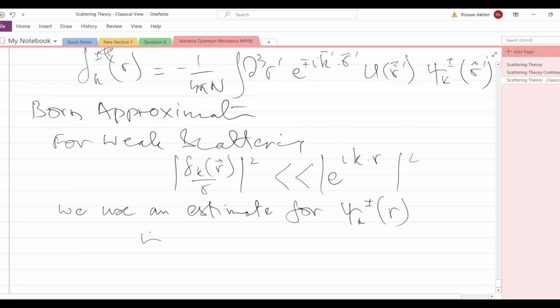And what is that estimate? हम psi k of plus minus of r का estimate ले लें, that is n times e to the power iota k r, because हमने यहाँ assume किया है कि basically f k of r upon r mod square is much less than the probability density of the incoming wave. That is, दूसरे लफ्जों में यहाँ पर हम इसको क्या कह रहे हैं, फ्री वेव.